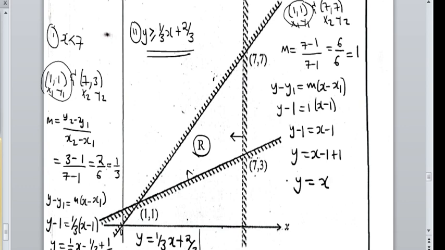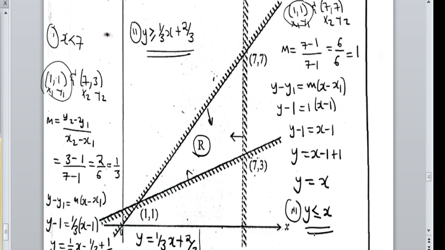Now y is equal to x. Which line am I looking at? Is this line, and I want this part here, the part which is less than. So the third inequality is y is less than or equal to x. So that is the answer that I have found.